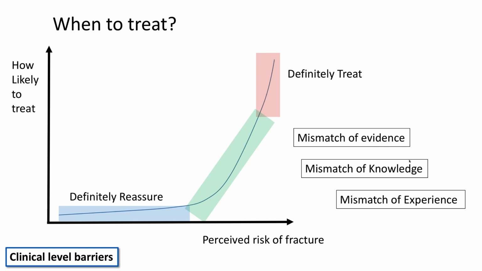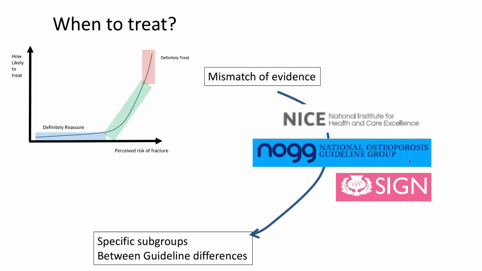And unfortunately, at present, our way of going around this is by making lots of guidelines. And there's pretty good evidence that guidelines make the green box bigger because people as humans will pick and choose a guideline that fits their own personal approach to risk assessment.